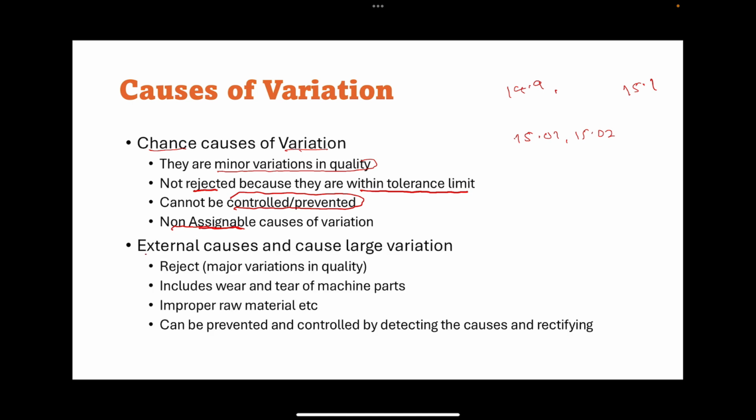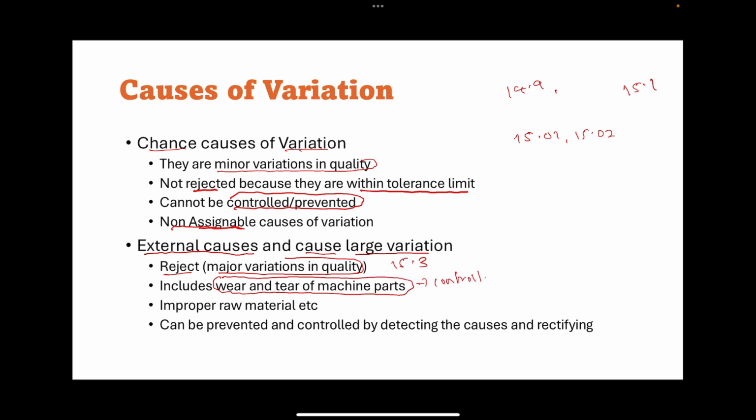The second cause of variation is the external causes, which cause large variation. In this case, we need to reject, because of the major variations in quality. If the size is 15.3, we need to reject that. It can be due to the wear and tear of machine parts. So this can be controlled.